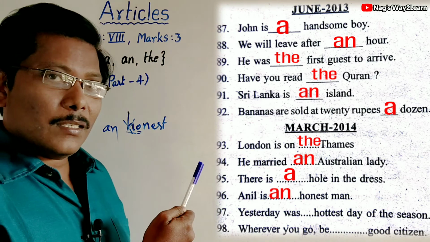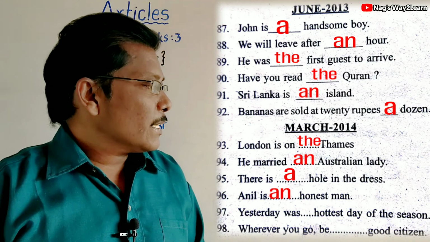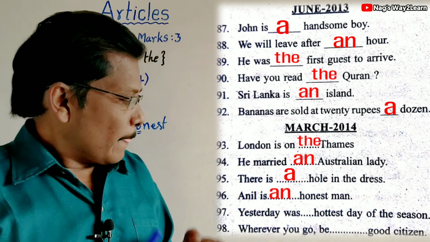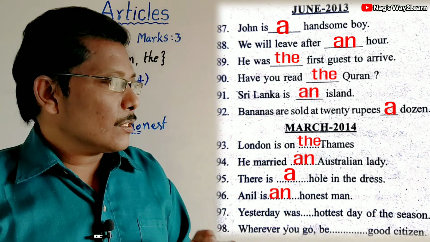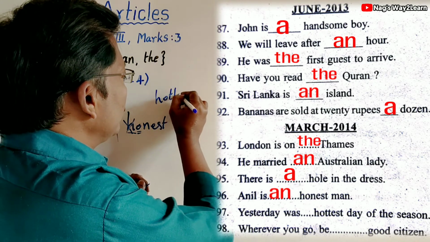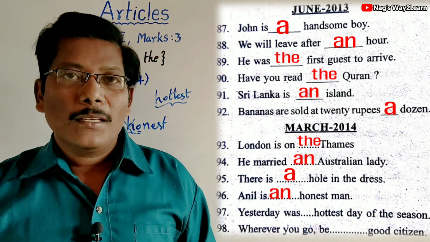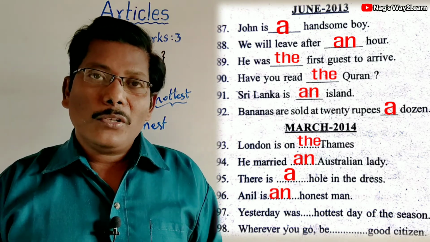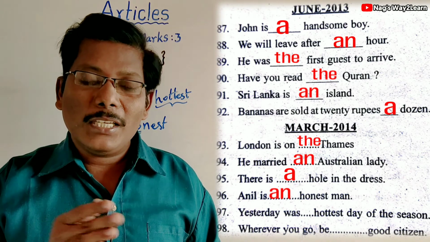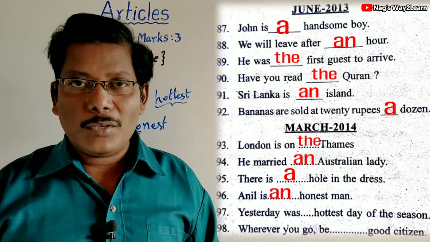So the next one is yesterday was dash hottest day of the season. Here the word hottest is in the superlative degree. In the previous video I told you that adjectives are in three forms: positive degree, comparative degree and superlative degree.